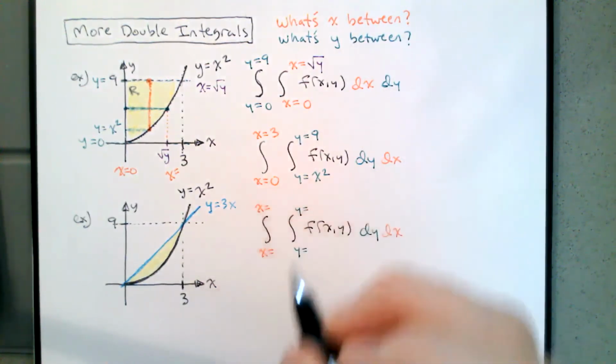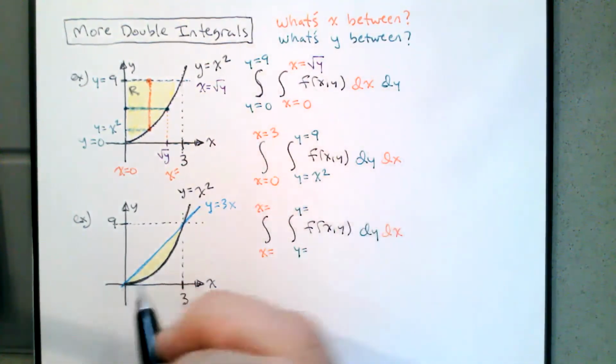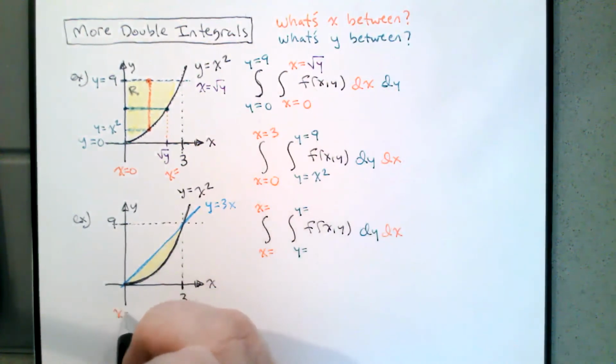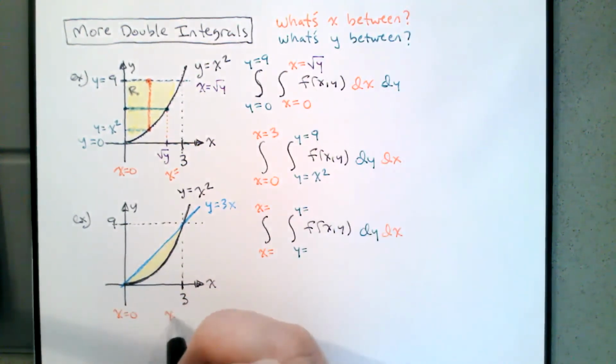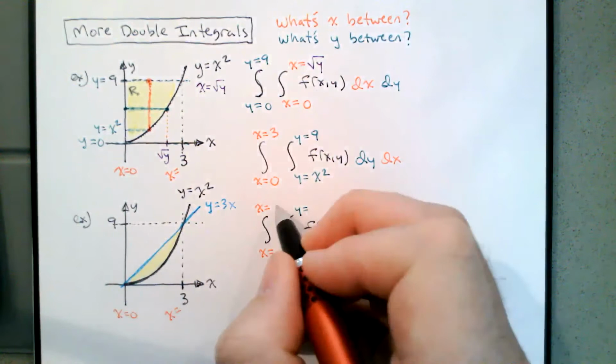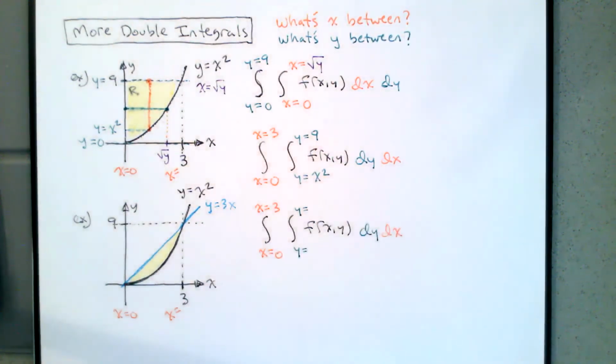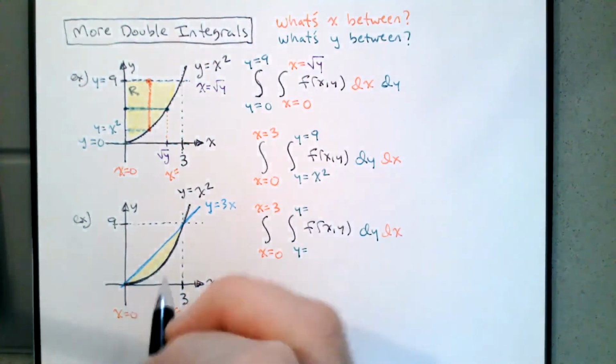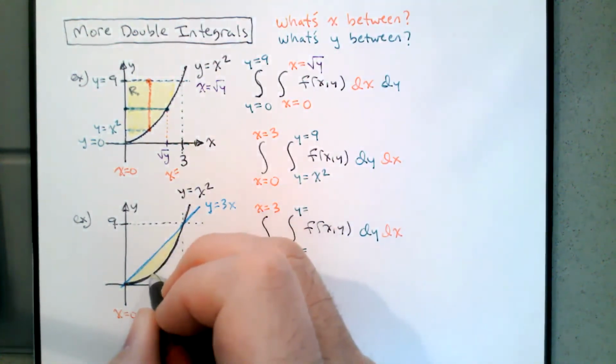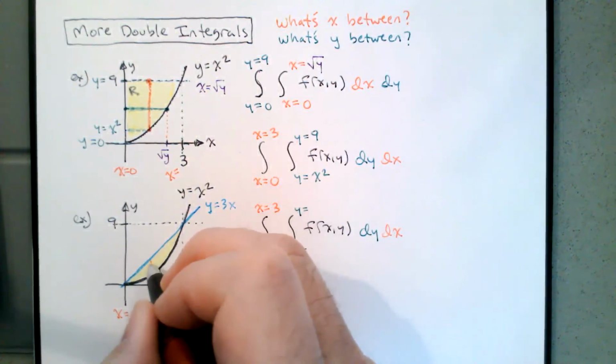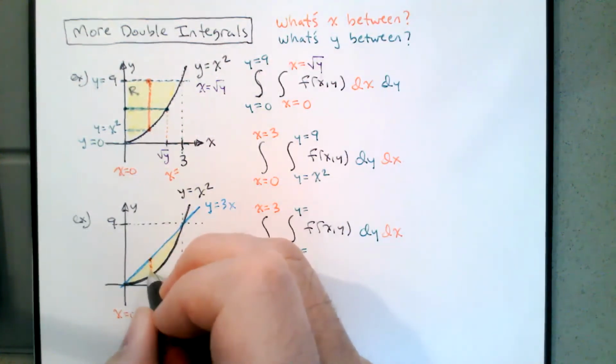In the second integral, that always has to be between constants, and x is between 0 and 3, just like before. We're going to get the curvy parts by figuring out what y is between. So I'm going to pick a generic x value, figure out the lowest y value and send that up to the highest y value.